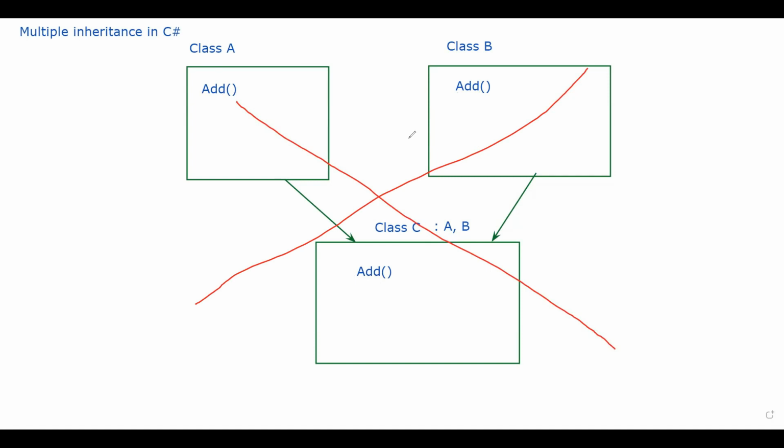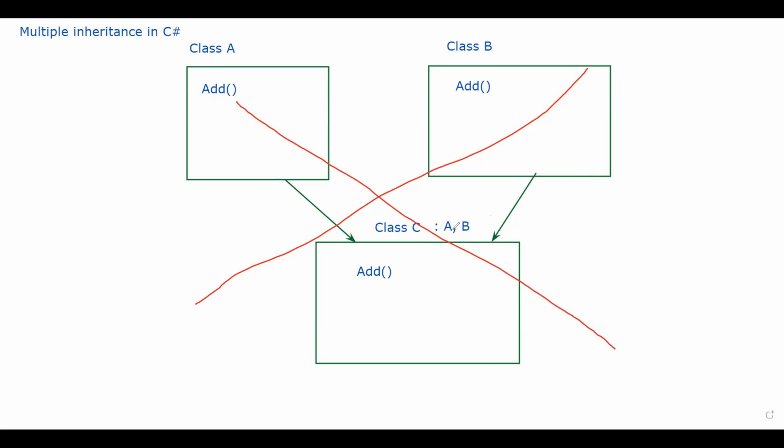So to avoid this scenario, C# by default does not support multiple inheritance. If you try to write it, you will get a compilation error: cannot have more than one base class.